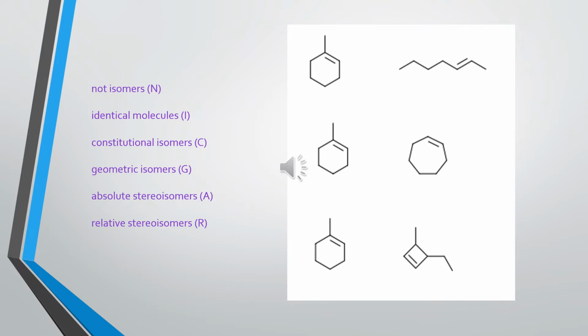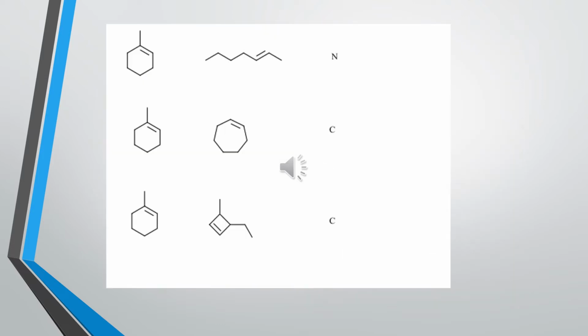All right, so take a look at this and see what you conclude, and we're going to look at the answers in a moment. And here are the answers to these 3 problems. The first set of molecules have no isomeric relationship. They don't have the same molecular formula.